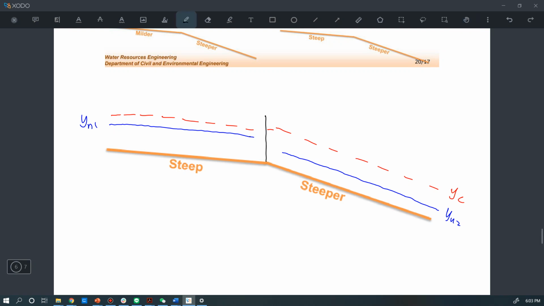We know there will be no effect at the upstream area, so it just remains at the normal depth, and then the transition happens at the downstream area. Okay, so again, assign the numbers for these three regions. And because this is a steep channel, we have this curve denoted as an S2 curve. All right.